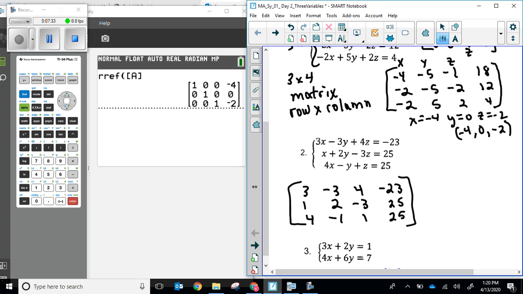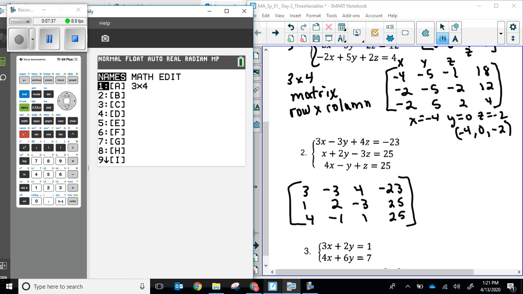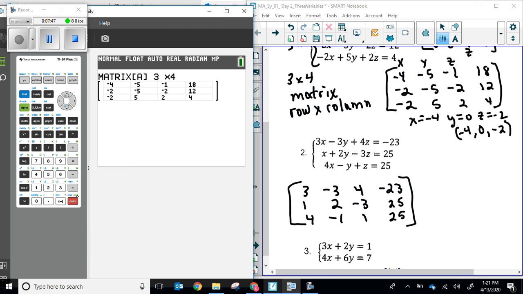So now go back to second matrix. Still a 3 by 4, so we don't have to change that. So if you just go over to edit, press enter. Go past the size, I'm just using my arrow key, press enter. Now you should be able to type over the entries that are there. So be careful.